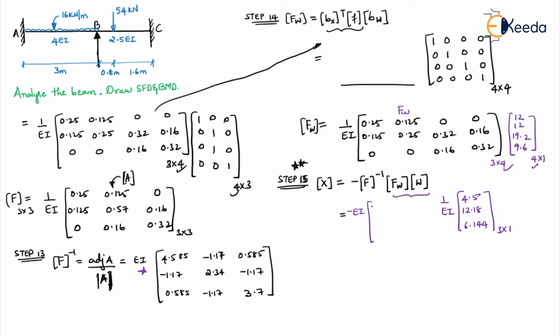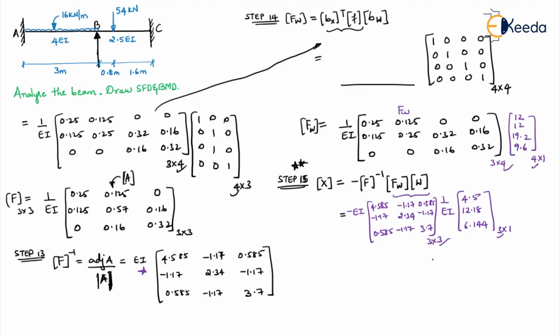What is F inverse? 4.585, minus 1.17, 0.585, minus 1.17, 2.34, minus 1.17, 0.585, minus 1.17 and 3.7. So now this is a 3 into 3 matrix.